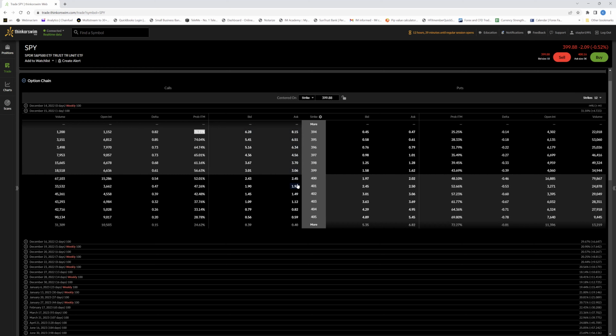So if the market is making its move, and we've made our analysis and know it's going to go up, then we could take one in the money. It may cost a little bit more, but because the delta is higher, the probability of the market hitting our price is high.